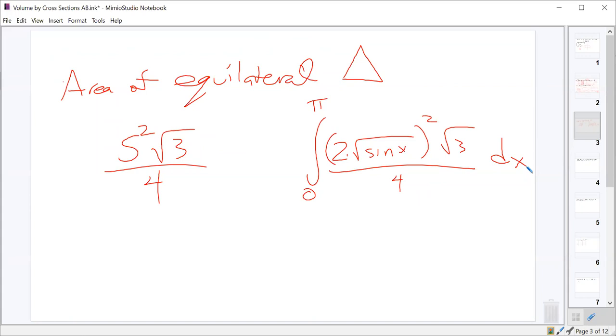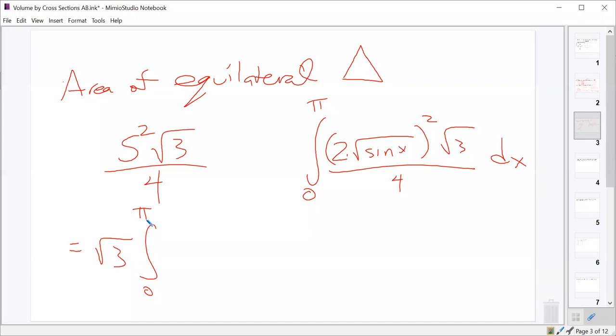Conceptually good still? Okay. At home, conceptually okay? Yeah. Wonderful. Okay. Let's simplify our integral. Let's integrate and let's evaluate. Should be easy, right? So the 2 squared is 4, which is going to cancel with the 4 in the denominator. I'm going to have a root 3 still though. We can always take a root 3 outside if we have a constant, or we can always pull it outside the integral if we want to. So we have root 3 times the integral from 0 to pi, and then we have root sine x squared.